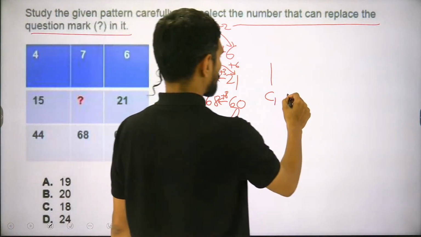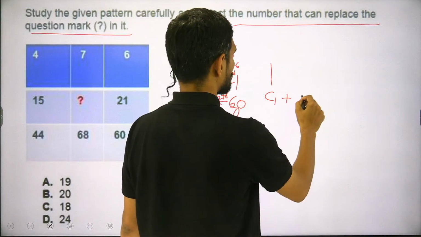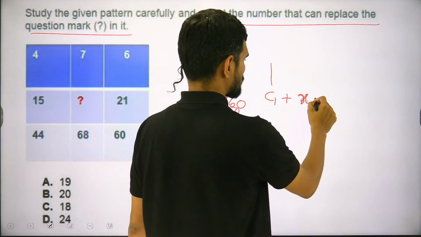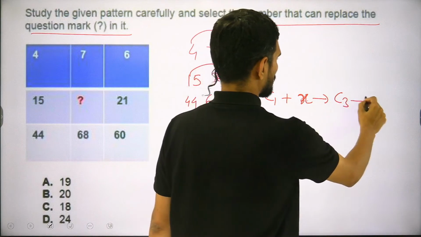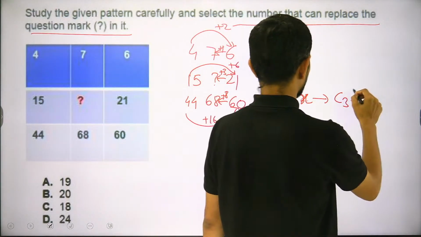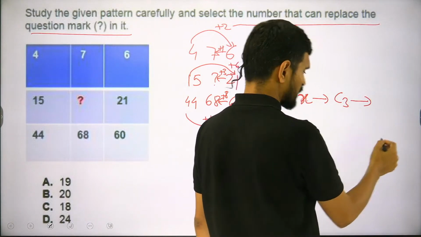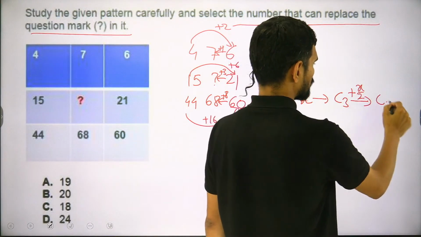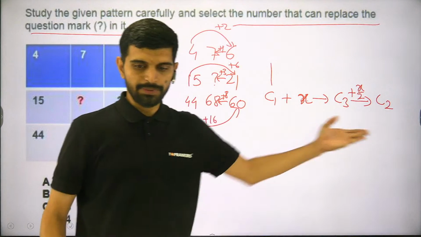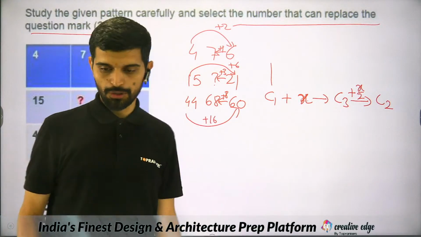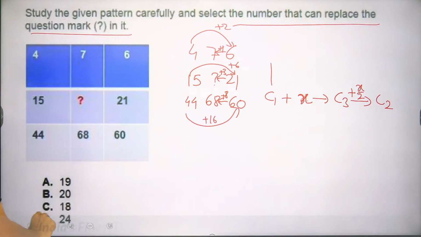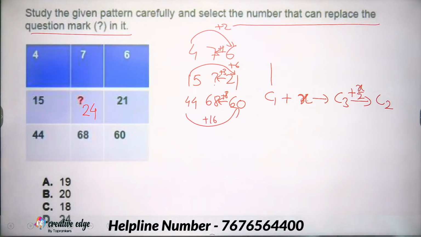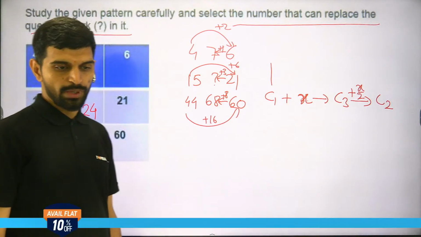So column 1 plus some number x gives you column 3, then from column 3, if you want column 2, in that case column 3 plus x upon 2 will give you column 2. So this should be the general formula, and hence the answer should be 24. Fine. Let's move to the next question.